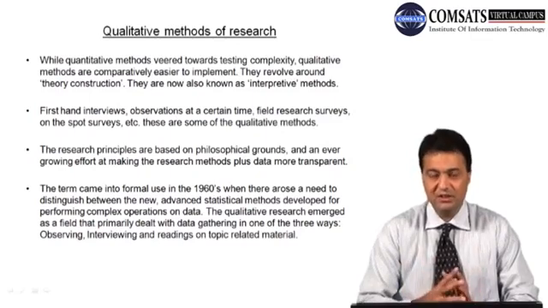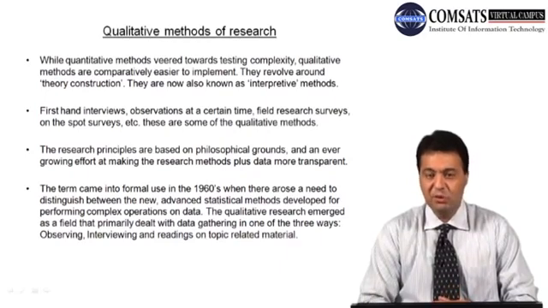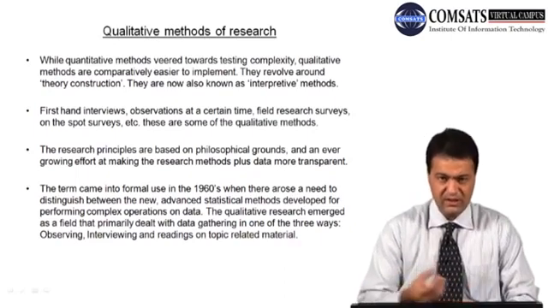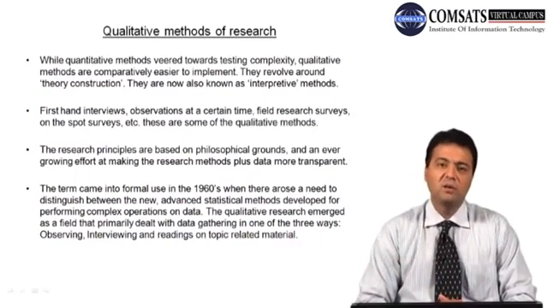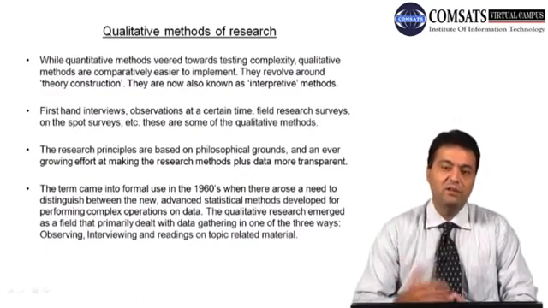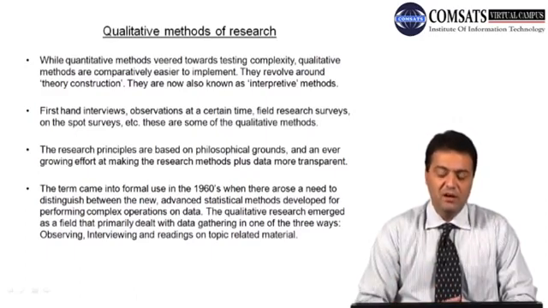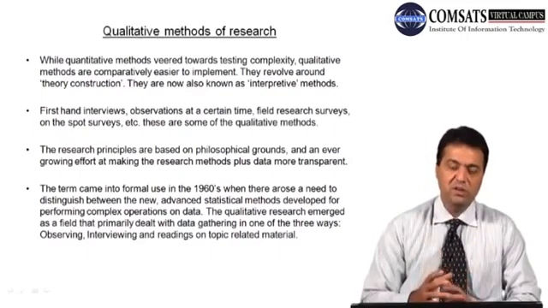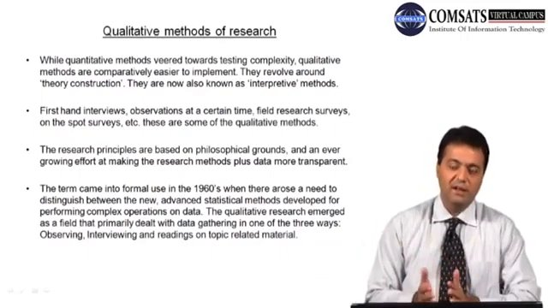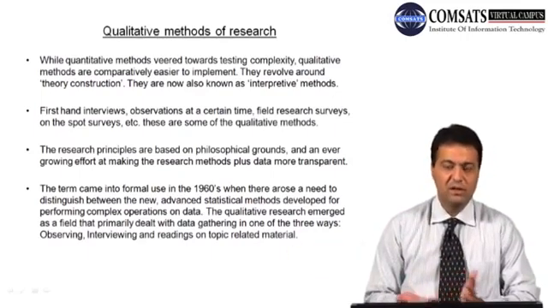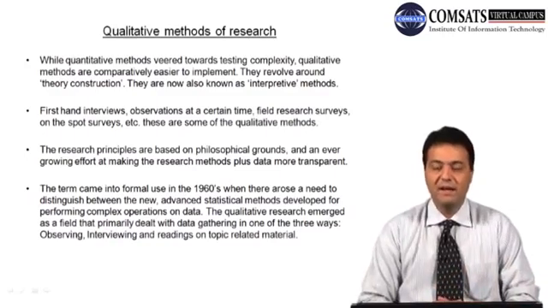So this distinction, this need for distinguishing between those complex computational models, statistical or mathematical, that were gradually taking over many fields. In fact, studies in many fields. There was a need to distinguish between those methods and the ones that were not in that category.